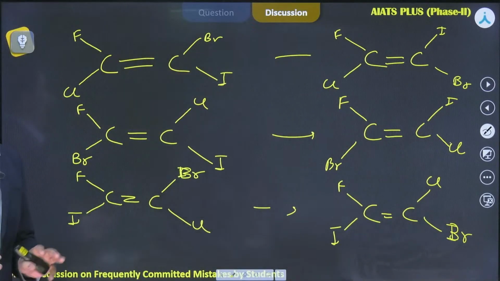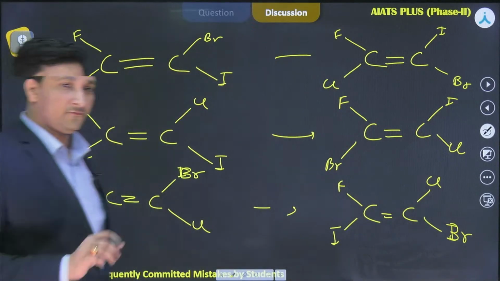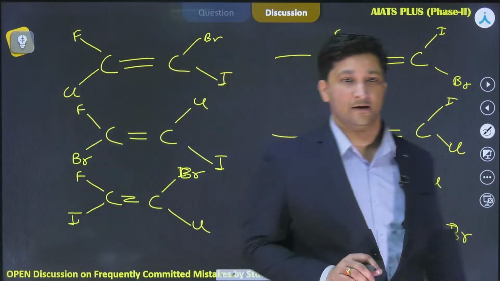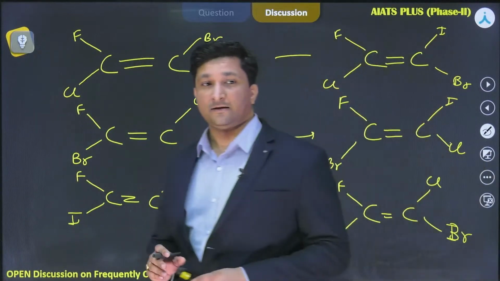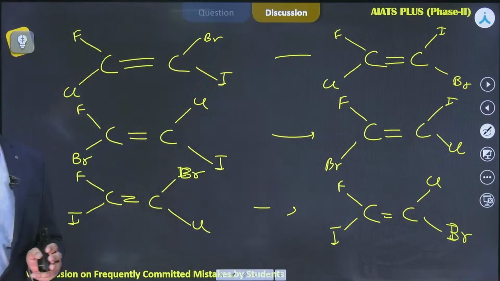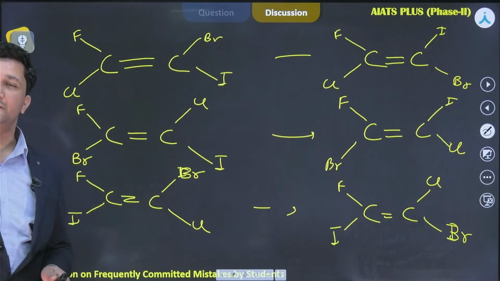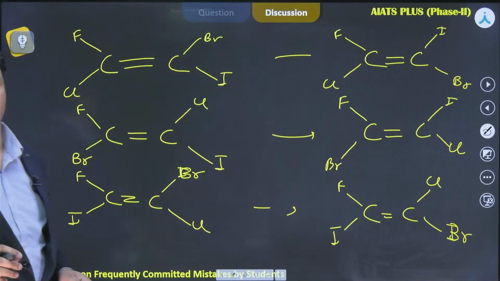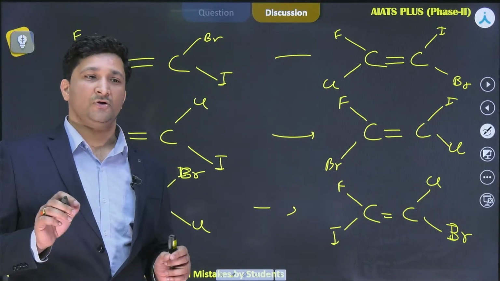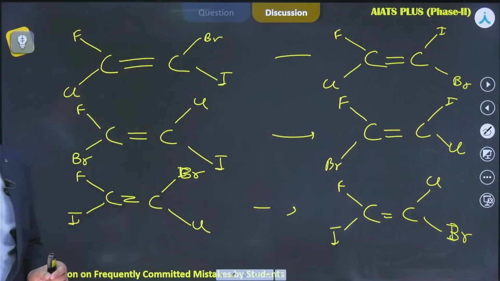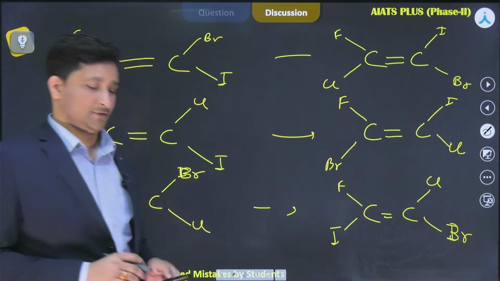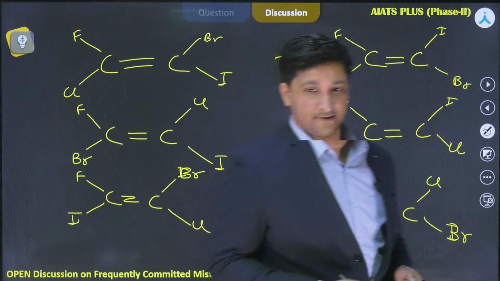So if you look at all these structures, even if they all have the same molecular formula, the geometrical arrangement is completely different. So ultimately, this given compound FCl double bond ClBrI will have a total of 6 geometrical isomers. So I think it was an interesting discussion.